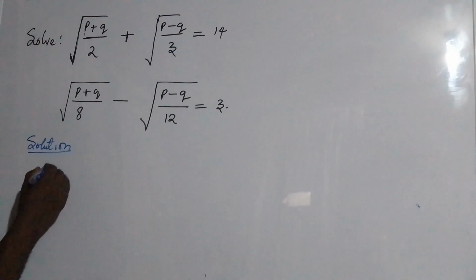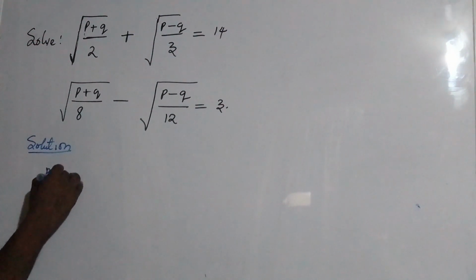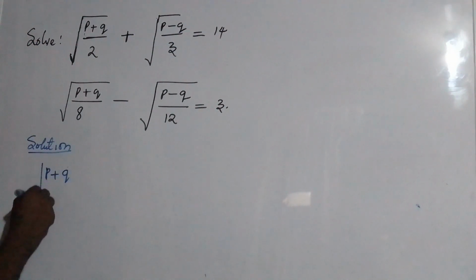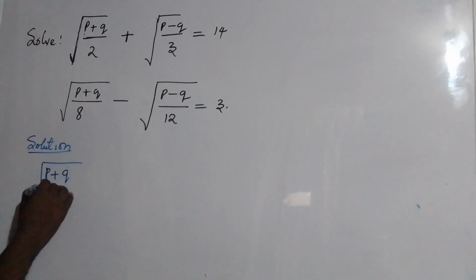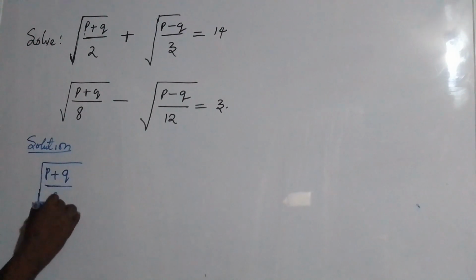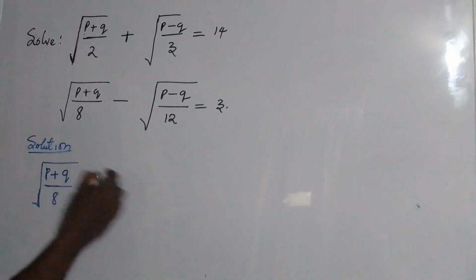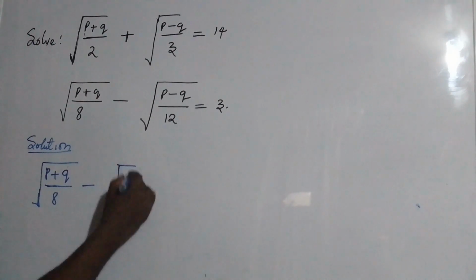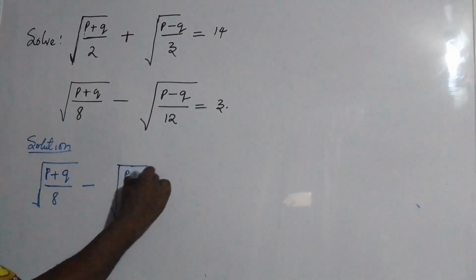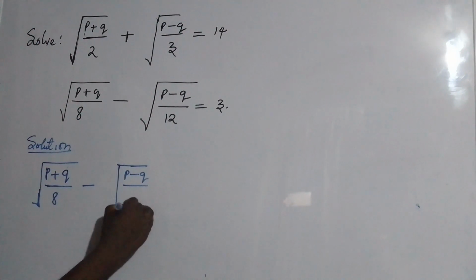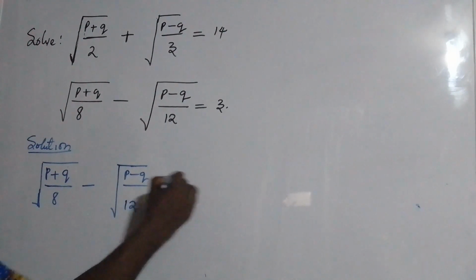So we have square root of p plus q over 8 minus square root of p minus q over 12 equals 3.